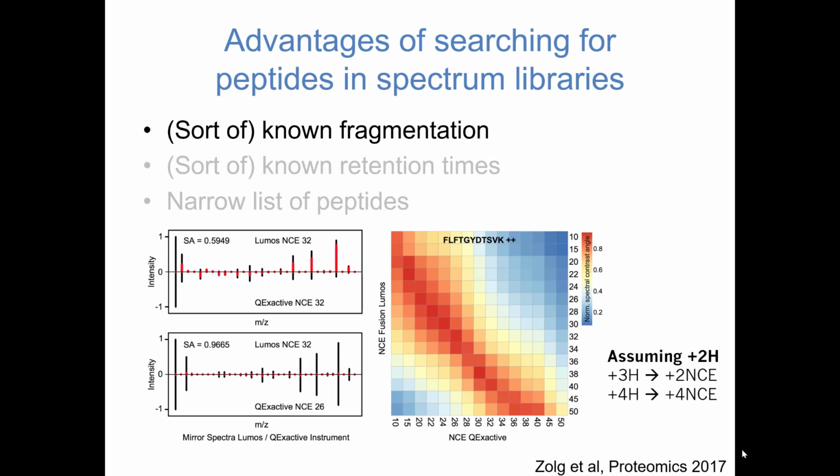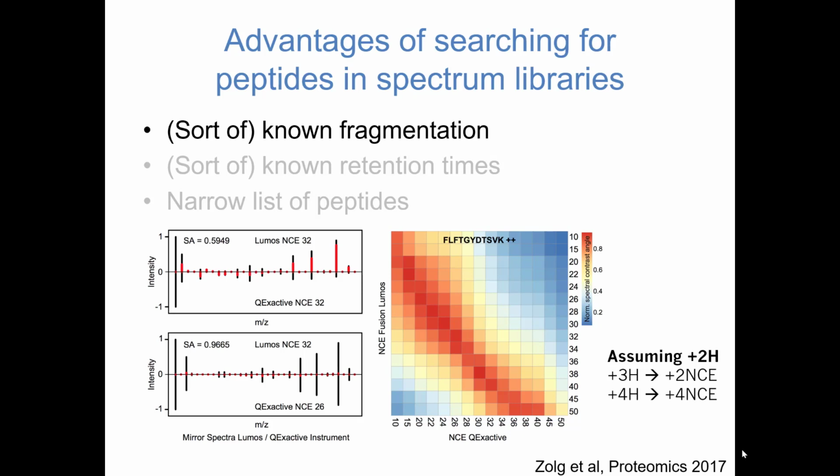What I'll argue is that while this is probably the order you would come up with for how important a peptide library is, maybe the bottom one is actually the more useful narrowing down of your analysis or interpretation.